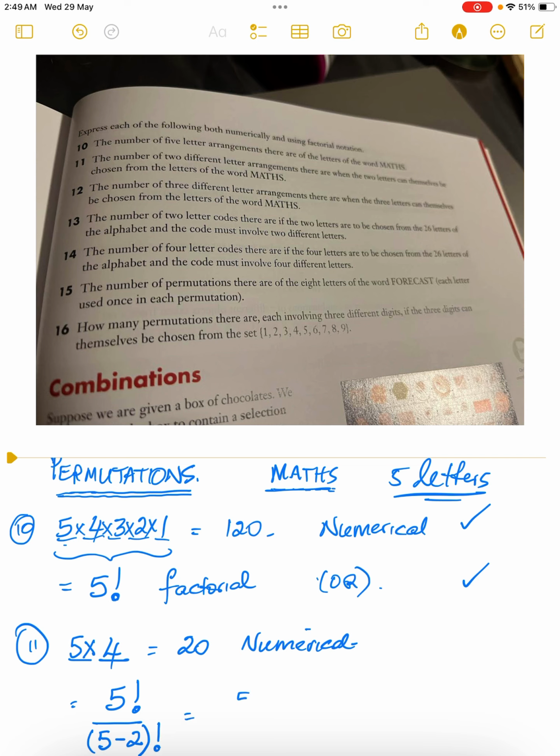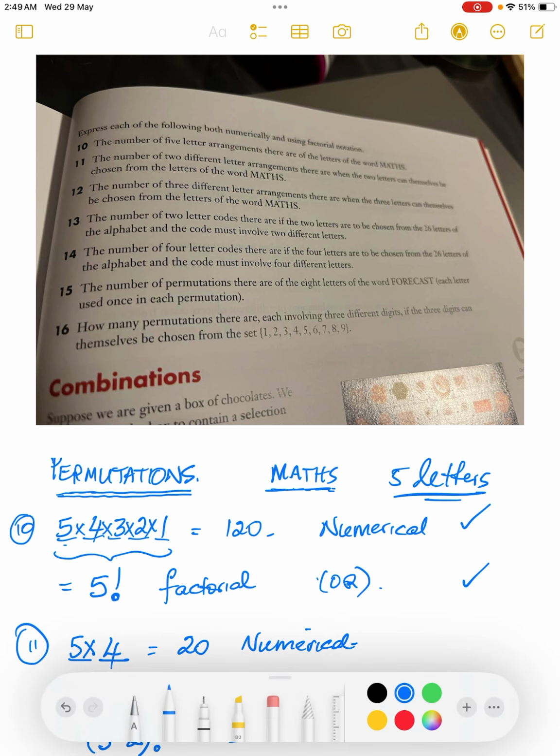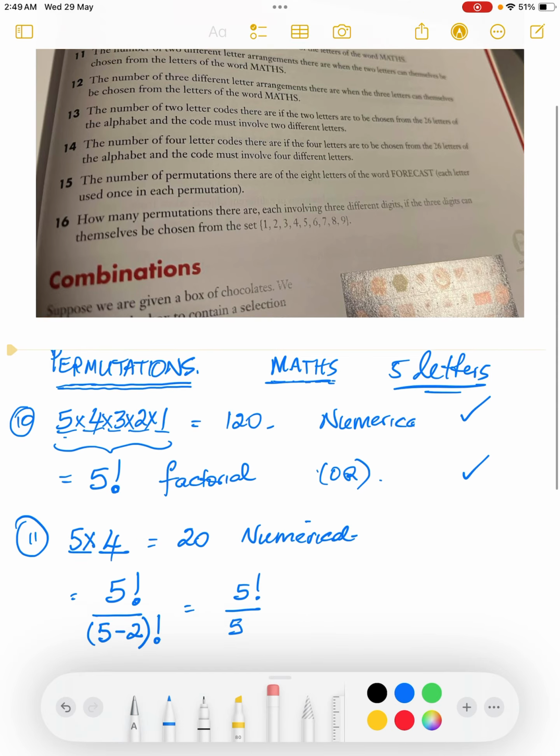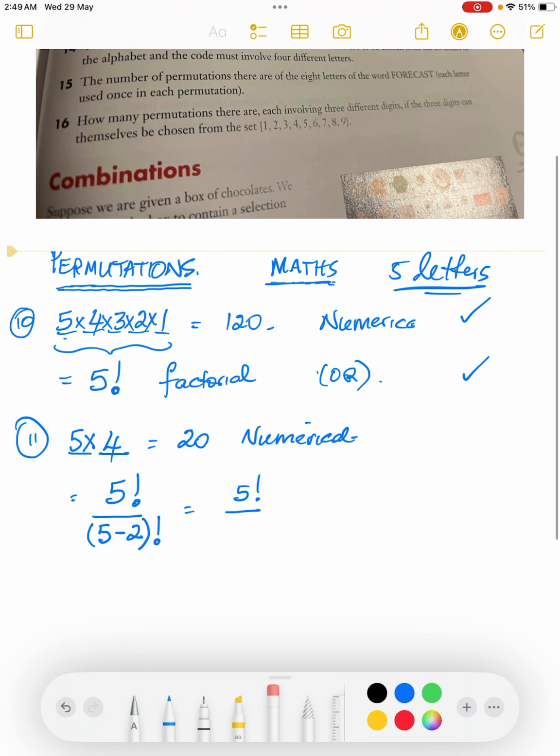So we've got 5 factorial over 3, sorry, that should be a 3. Yeah, well, I can't see it now. Okay, there it is. Over 3 factorial. By the way, that is the same as 5 permutation 2.